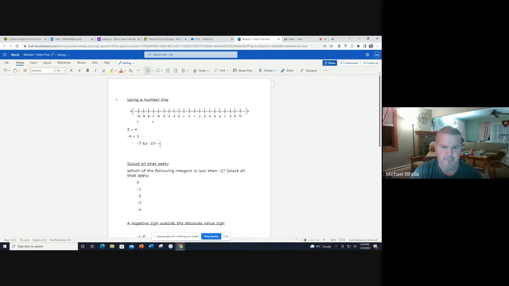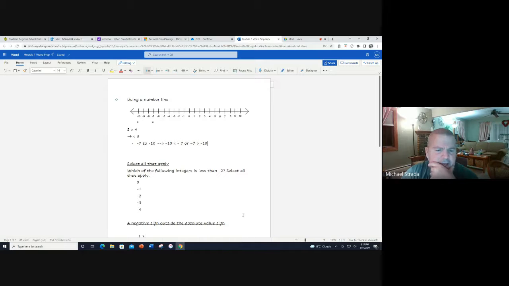So as a result, if we visualize that, we can come up with a conclusion that negative 10 is less than negative 7, or negative 7 is greater than negative 10, depending upon how the problem in WebAssign structures it.